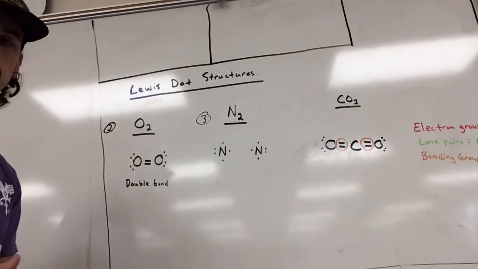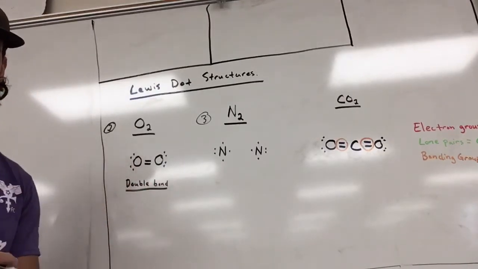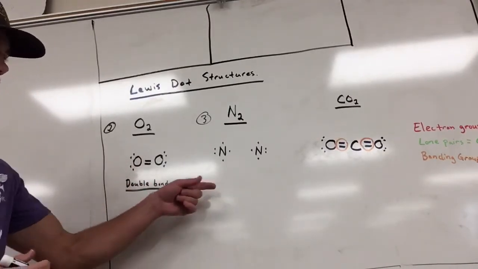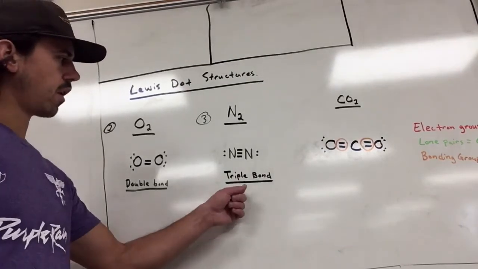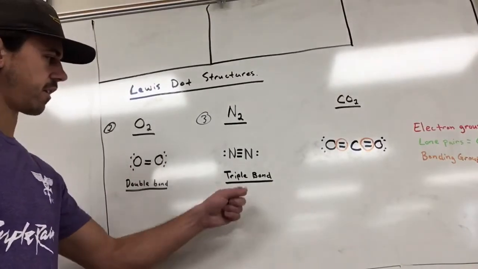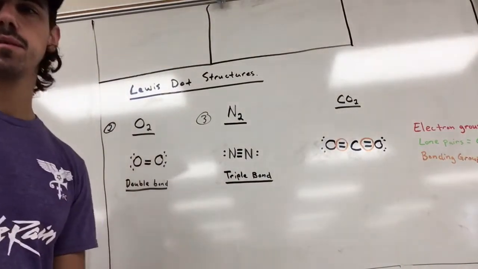So then underneath your prediction, write what sort of bond it actually formed. So for oxygen, it should be a double bond. Let's go ahead and look at nitrogen. So for our nitrogen, our N2, we end up having a triple bond. So again, write this underneath your prediction for the actual bond type.